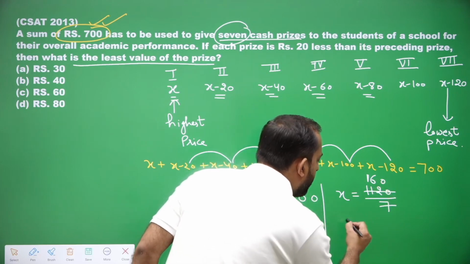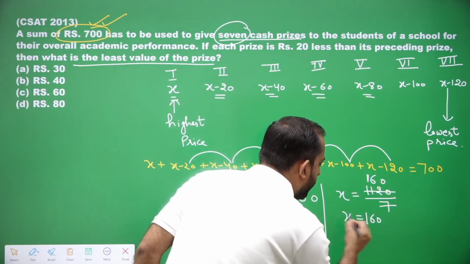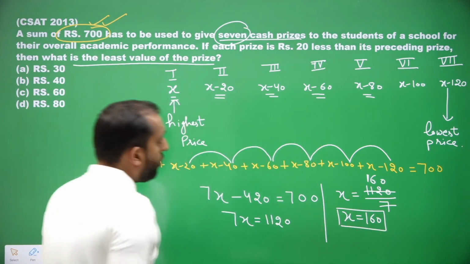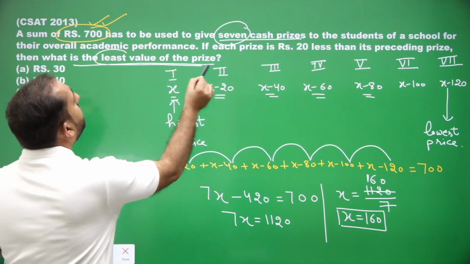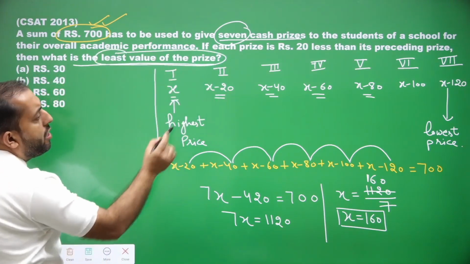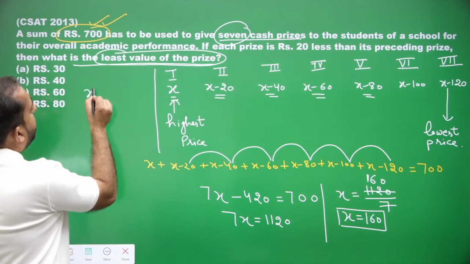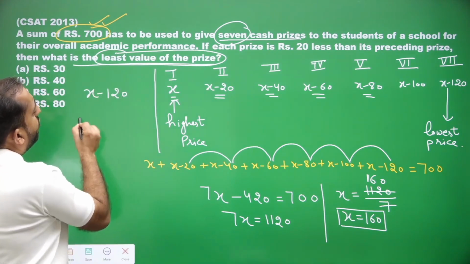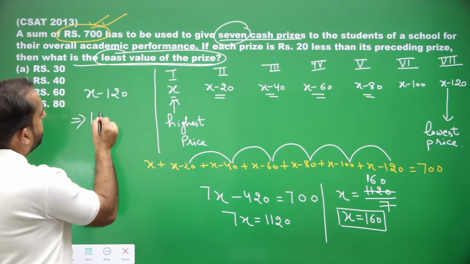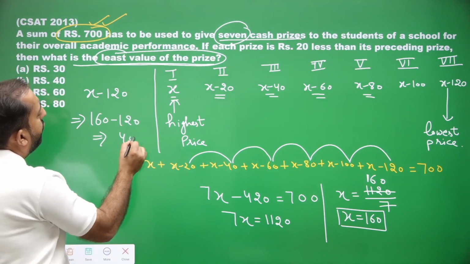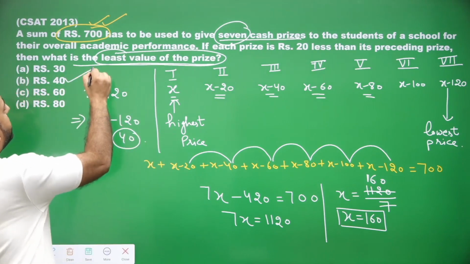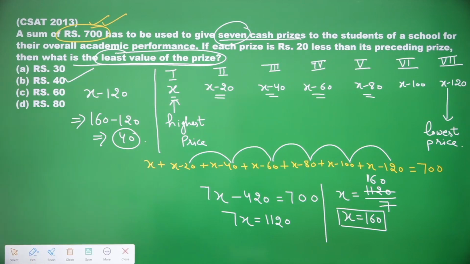So the value of X over here is 160. What are we looking for? We're looking for the value of the least prize, and I know the least prize was X minus 120. What is X here? X is 160, minus 120, it gives me 40. So the value of the least prize is option B.